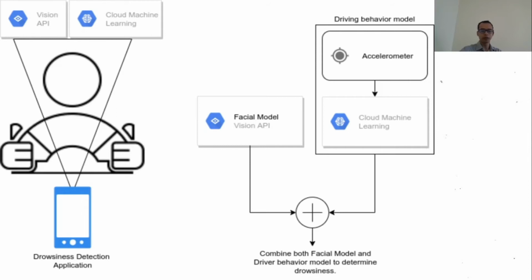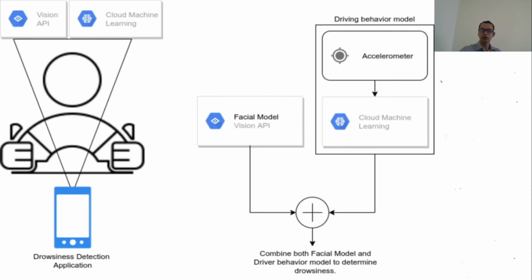Before the subject starts the car, they have to start the application and do a small test within a short segment of video. The facial recognition will determine if the subject is in a sober or drowsy state. If they pass the first stage of testing, the software will congratulate the driver and allow the driver to start.